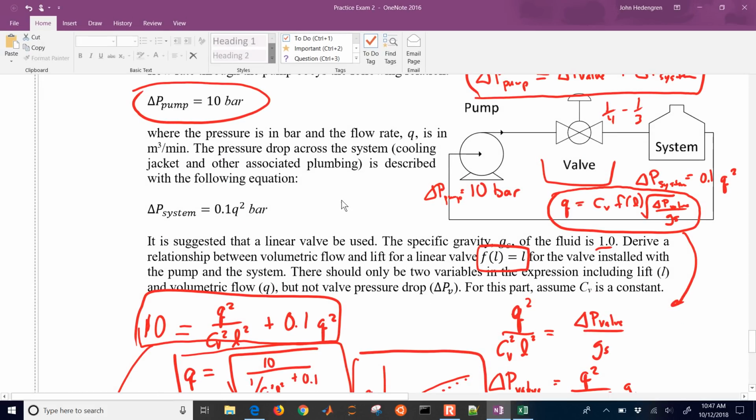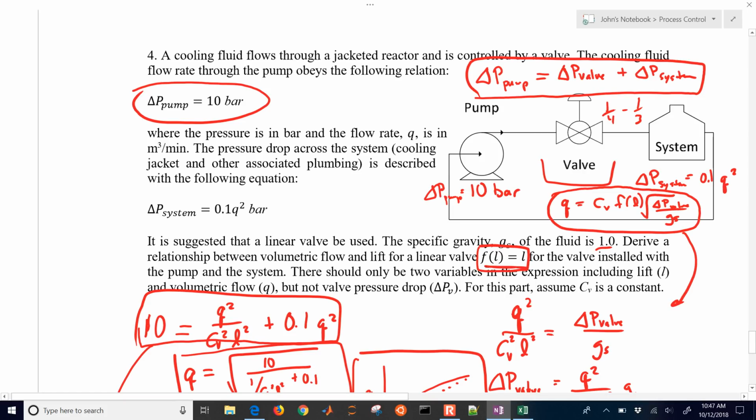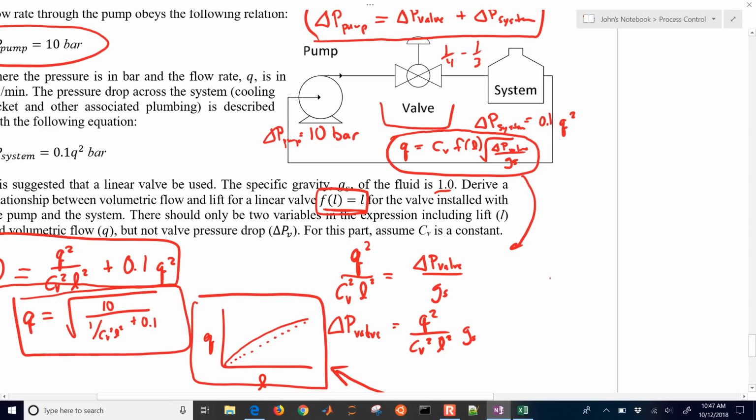There's going to be design conditions you're going to be given, and you have to come up with both the valve sizing, like the CV, as well as the valve trim type. And the two most common ones are the linear valves, but even more common than that would be an equal percentage valve.